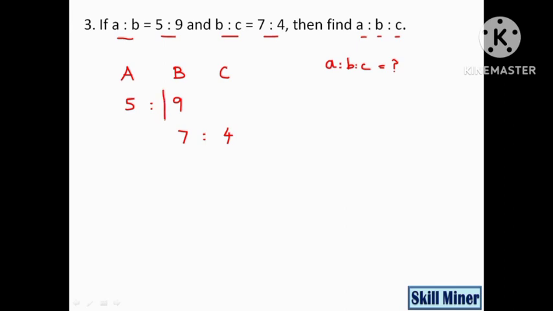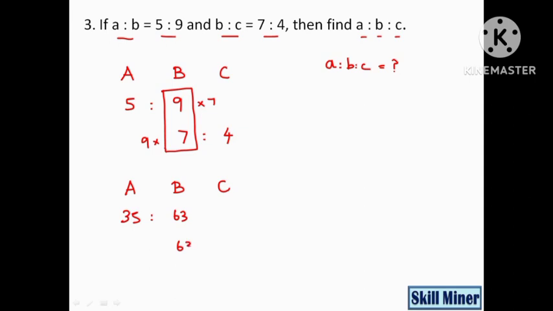since B is the common ratio in both cases, this value should be the same. So for getting these the same, I am multiplying the above statement with 7 and the below statement with 9. A is to B will become 5 sevens are 35 is to 9 sevens are 63.